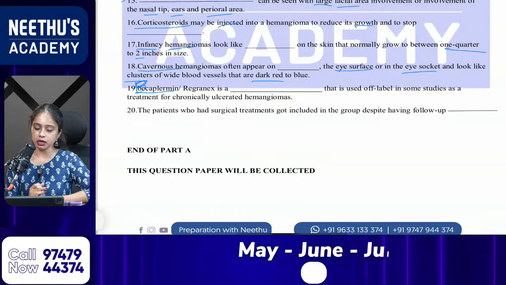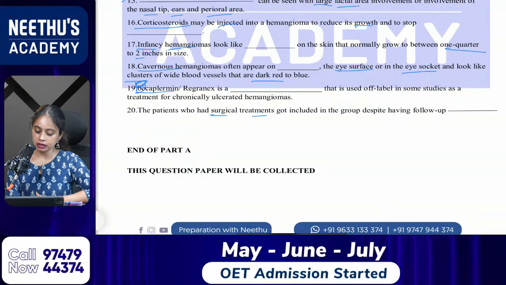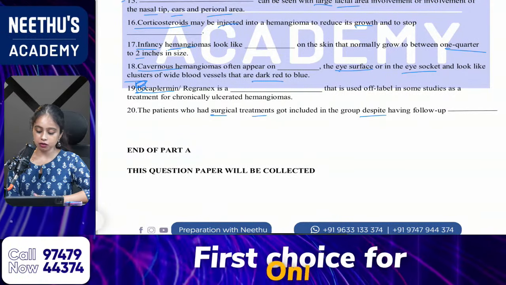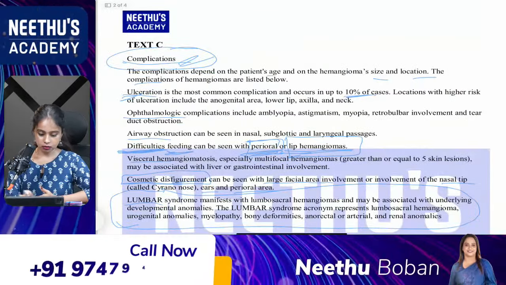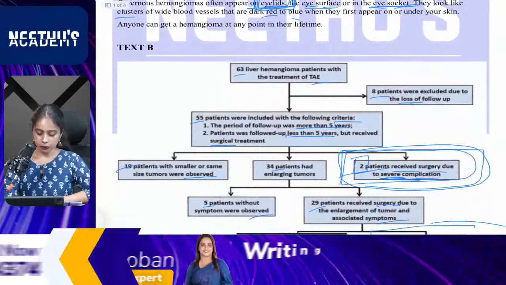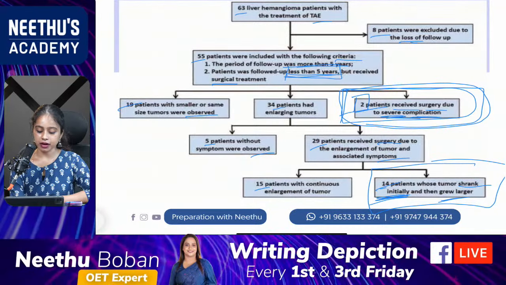So what about 20? The patients who had surgical treatments got included in the group despite having follow-up dash. So that answer is from text B. It should be less than 5 years.